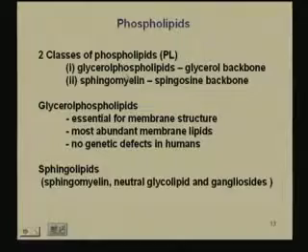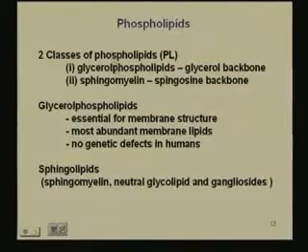Each of these will form a lot of the membrane, and these phospholipids are usually referred to as PL. Now, what is essential of these? They are extremely important for membrane structure. They are found in membrane lipids. Okay? And we will see what these structures actually are.